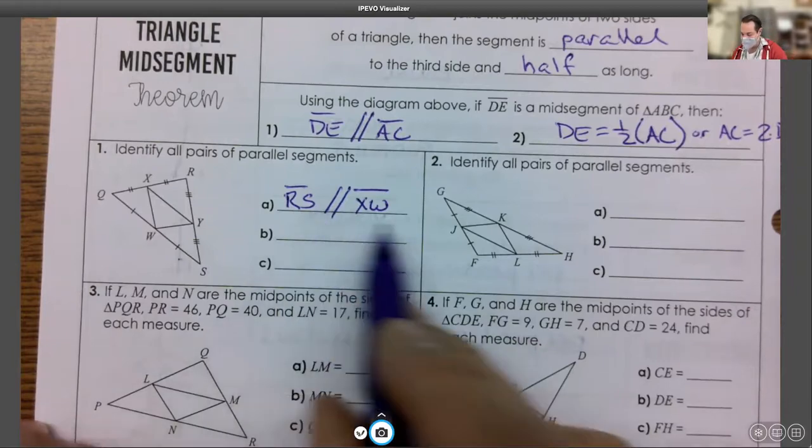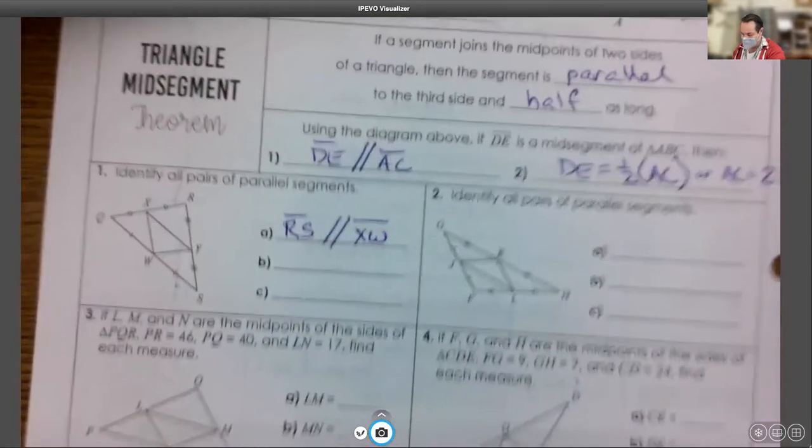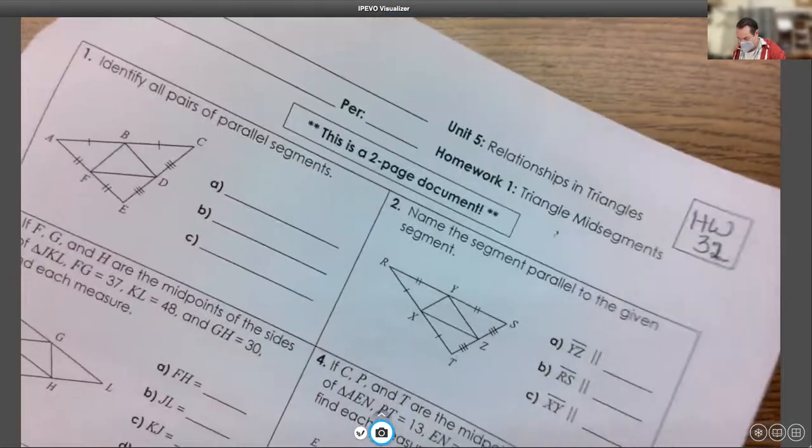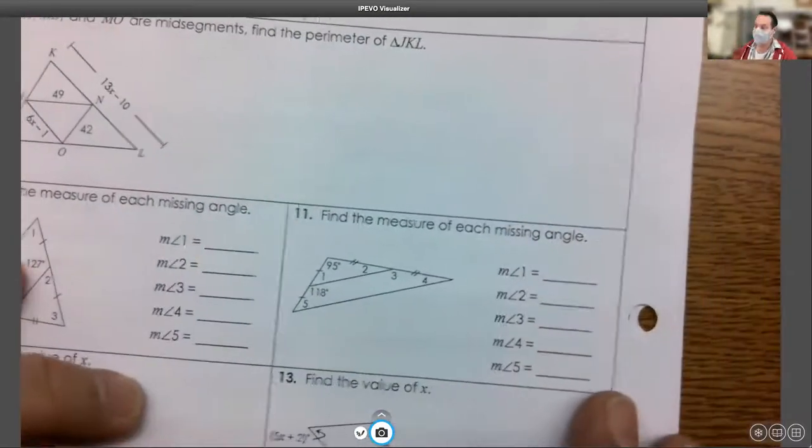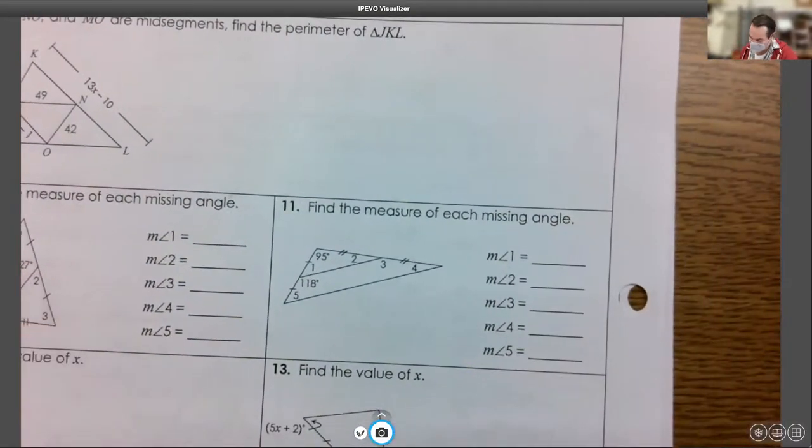If in fact those lines are parallel, I know this is going to feel like we're jumping around a little bit, but please go to the final page, 4th page. Look at number 11.